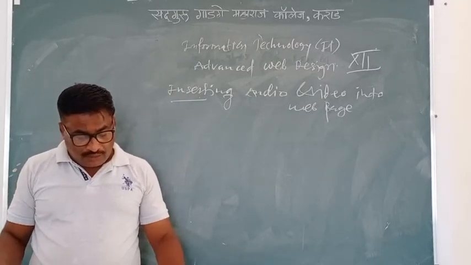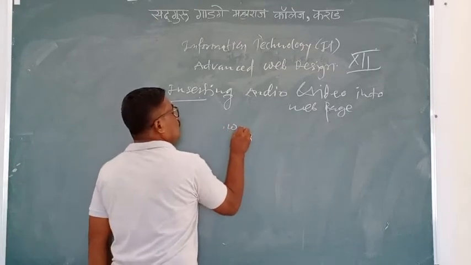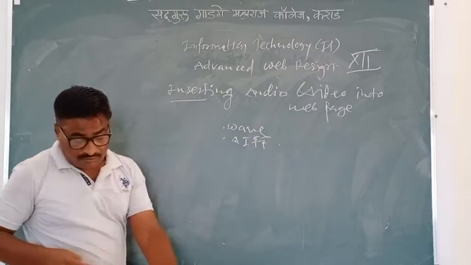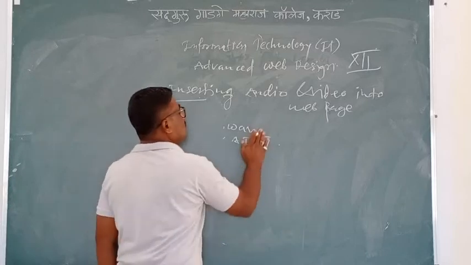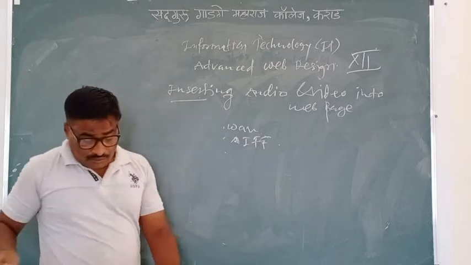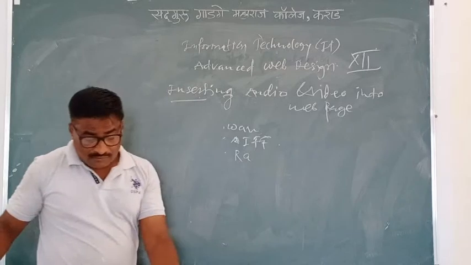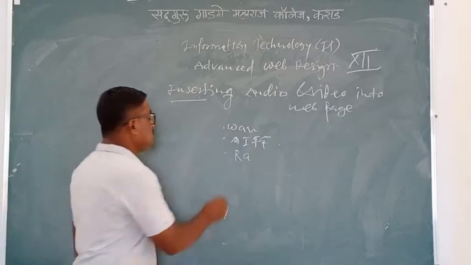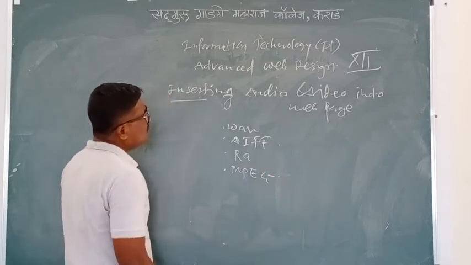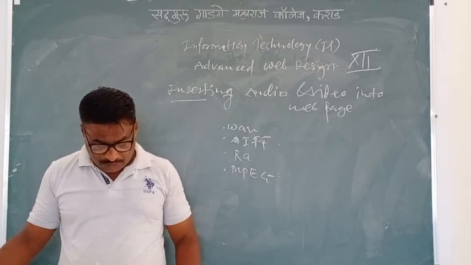For example, .wav, .aiff, .wav, that is Windows audio video; .ra, real audio format; .mpg, moving picture expert group. These are the formats used for inserting audio into the web page.